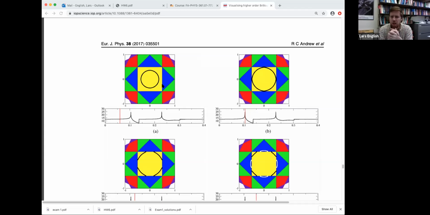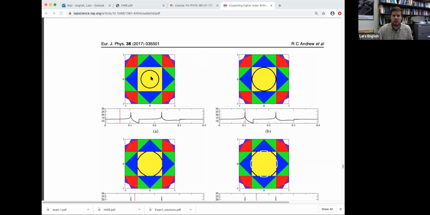Okay, so this would be appropriate for a monovalent metal, where we said that the first band is exactly half filled. So that means we need to fill up an area that's half the area of the first Brillouin zone in the extended zone scheme.